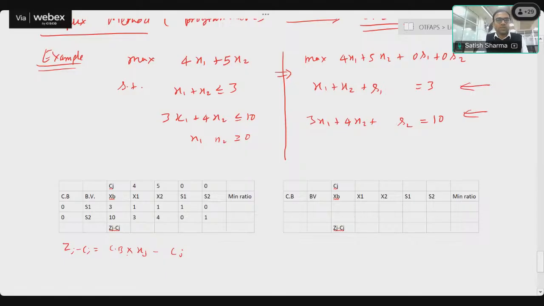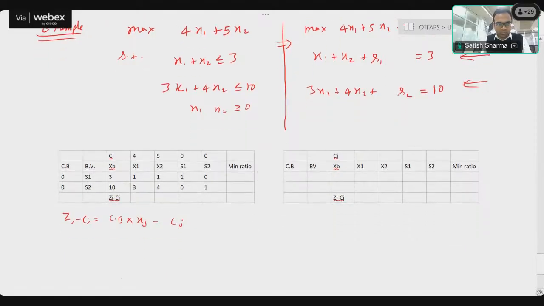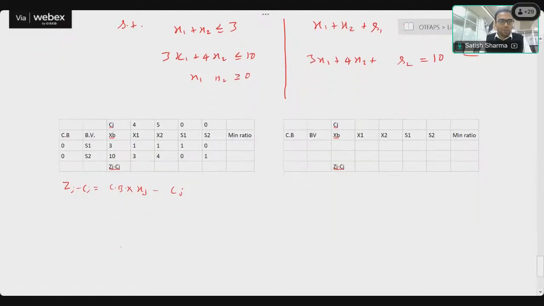So you can see the very first term is basically 0 into 1 plus 0 into 3, minus 4. So this will give you the value of minus 4. So I will place minus 4 here.